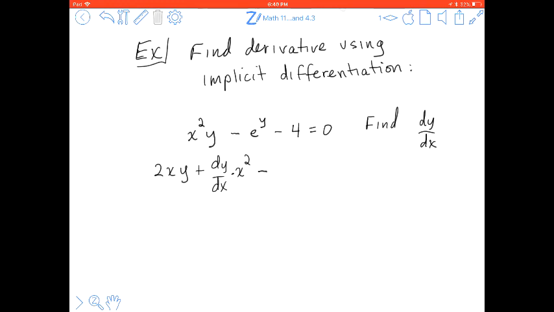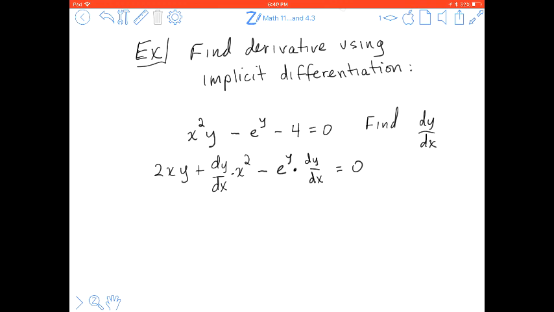Now we subtract the derivative of this. The derivative of e to any exponent is e to that exponent, but now we have a chain rule. Y represents an inside function, so we need to multiply it by the derivative of the inside function, which is dy dx. Now the derivative of that -4 is 0, and then the derivative of 0 is 0, so this equals 0.